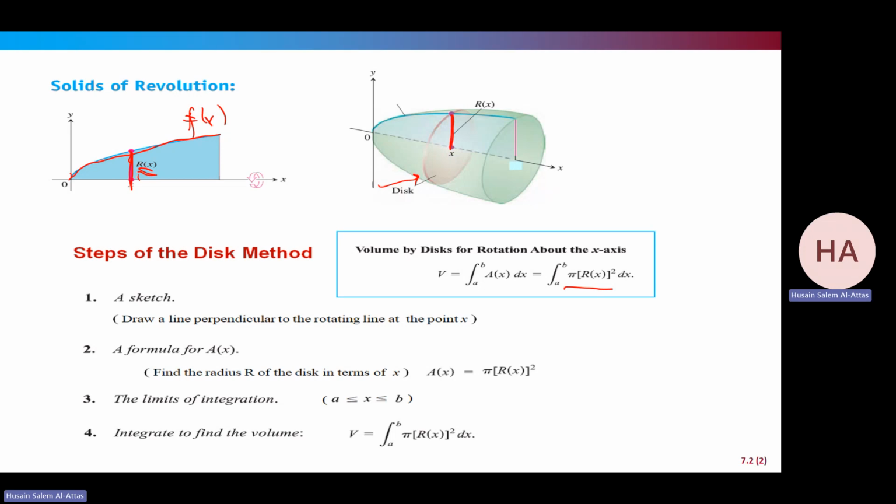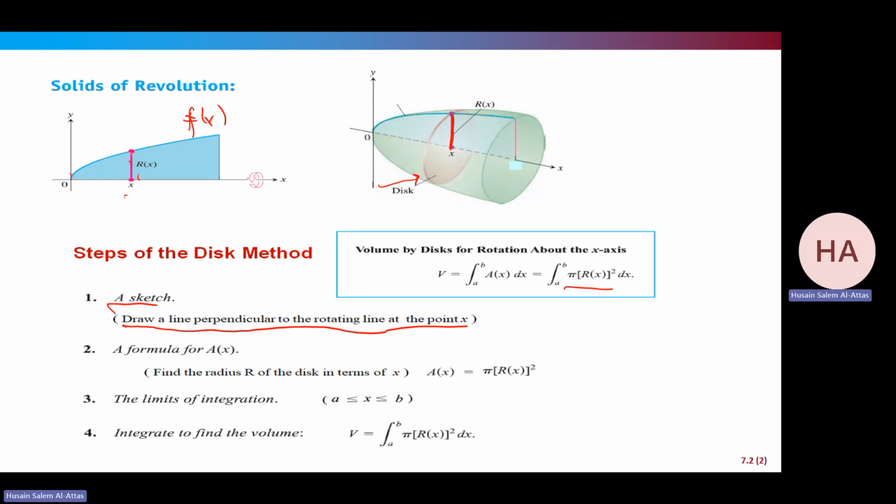So how to find the volume? A sketch is your first step. And then we draw a line perpendicular to the rotating line at the point x. We have a point x, and then we draw this line.